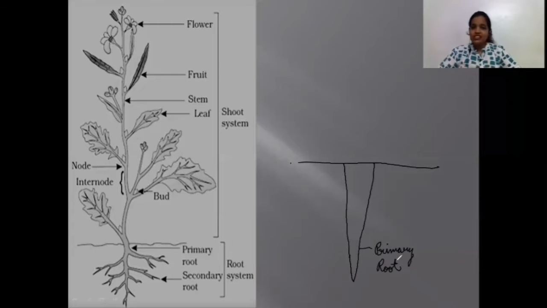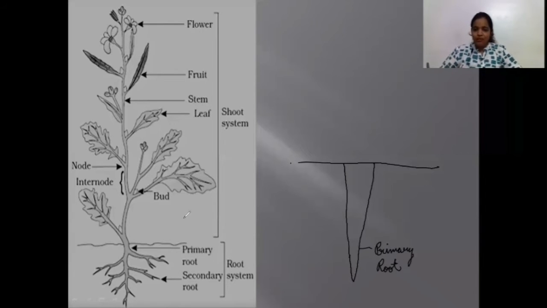So guys, these terms are very important, and by this video I assure you that the terms will be clear in your mind and you won't ever forget the parts of the plants, what they are formed of and what their functions are.